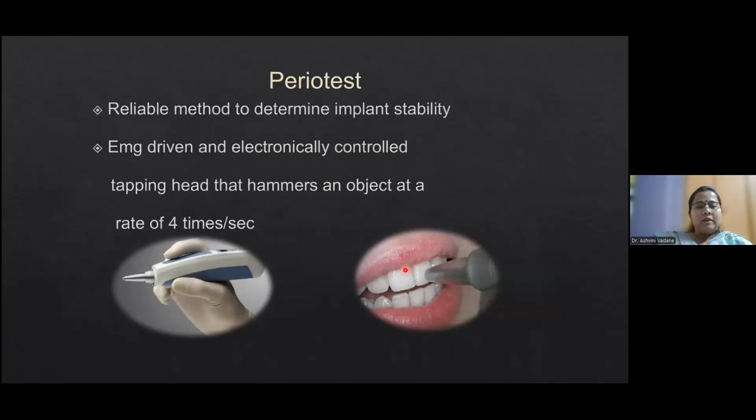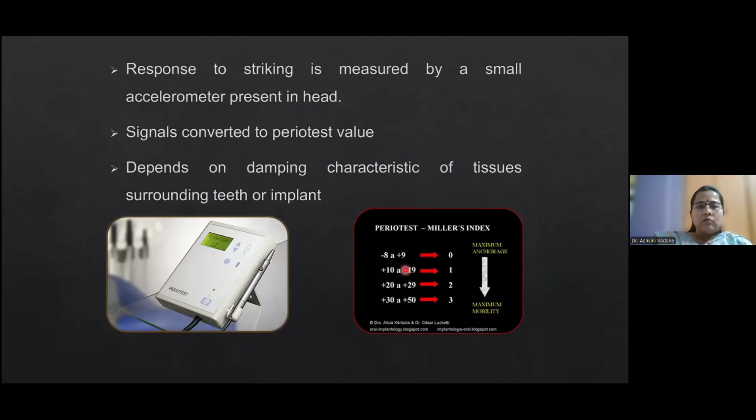Then Periotest, it is a reliable method to determine implant stability. This is an electromagnetically driven and electronically controlled tapping head that hammers an object at the rate of 4 times per second. So this is that instrument.